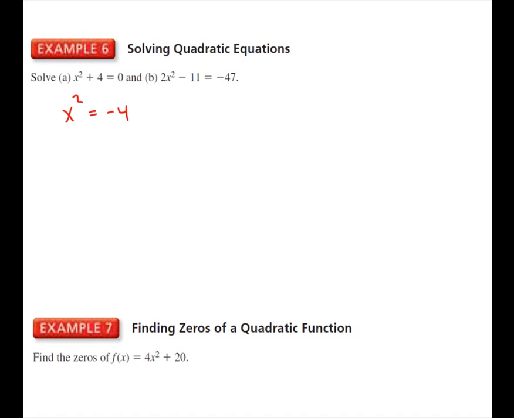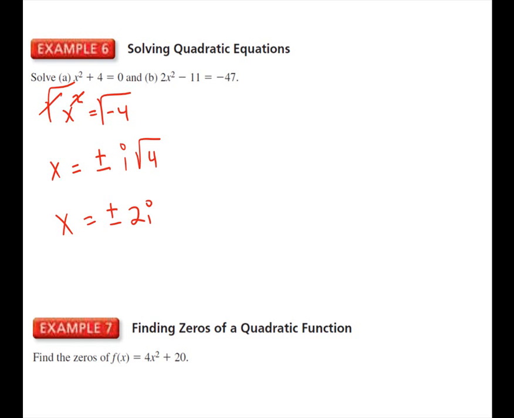Once the x squared is by itself, now I square root. The square root cancels with the exponent, so I get x equals. Don't forget the plus or minus, because we square rooted both sides of the equal sign. There's a negative inside the radical, so we're going to put the i on the outside. The 4 becomes positive, and the square root of 4 is 2. So our final answer will be plus or minus 2i. That's all that is.